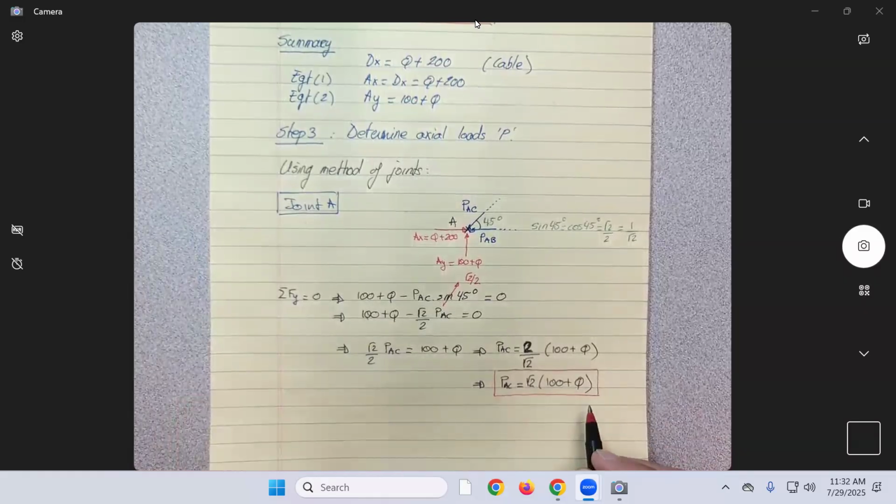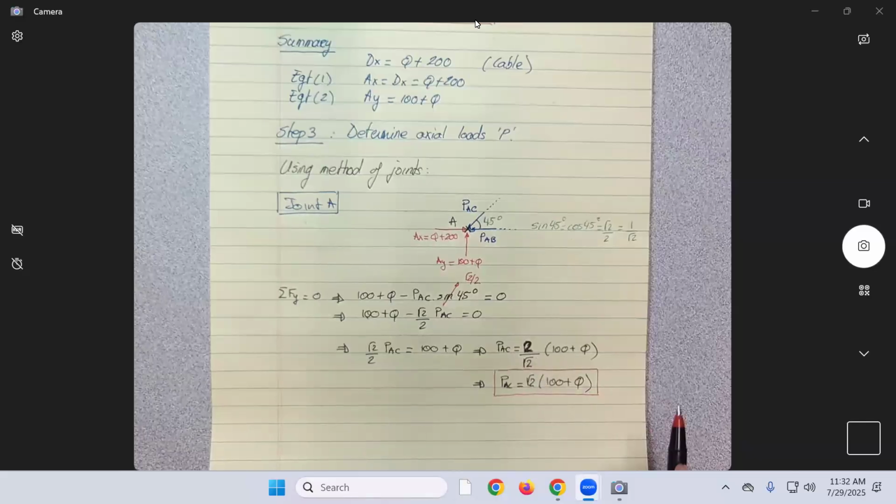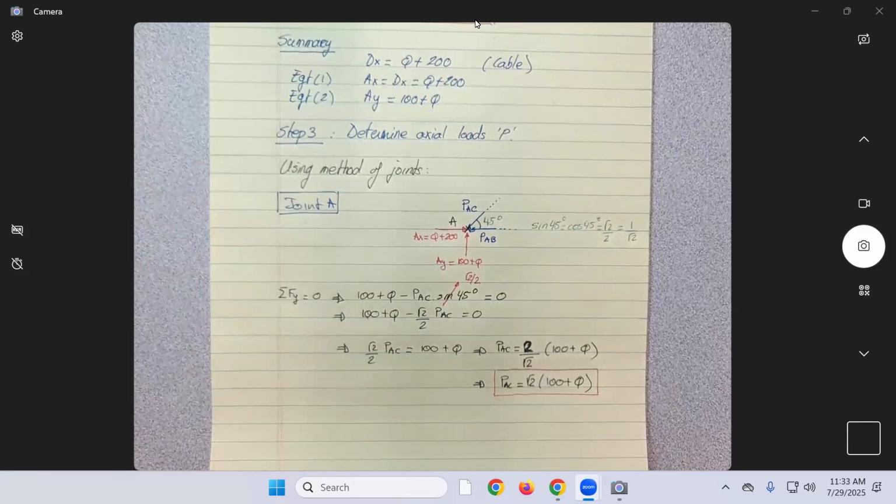Say that again. Here what I do, I multiply top and bottom by square root of 2. Okay, so you get 2 square root of 2 divided by 2, no? Yep. Top and bottom by square root of 2. If you have any questions, stop me over here. So we have the expression now. Yes, one square root for PAC.